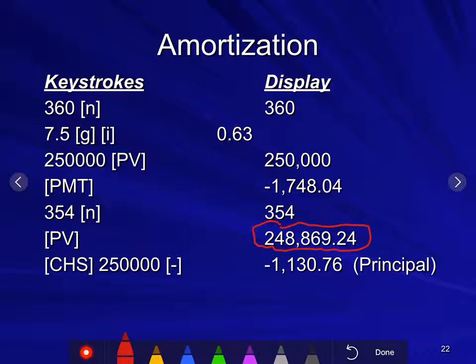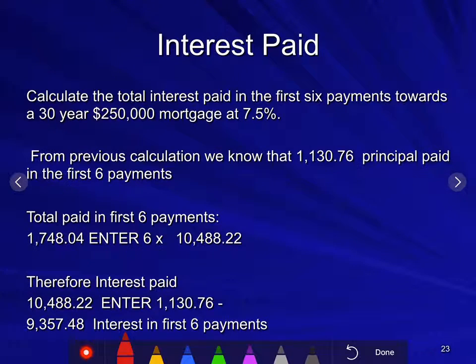So if we want to pay the whole thing off, we'd have to give them $248,869.24. By difference from the $250,000, we can see that $1,130.76 went to principal over our first 6 payments on this mortgage.